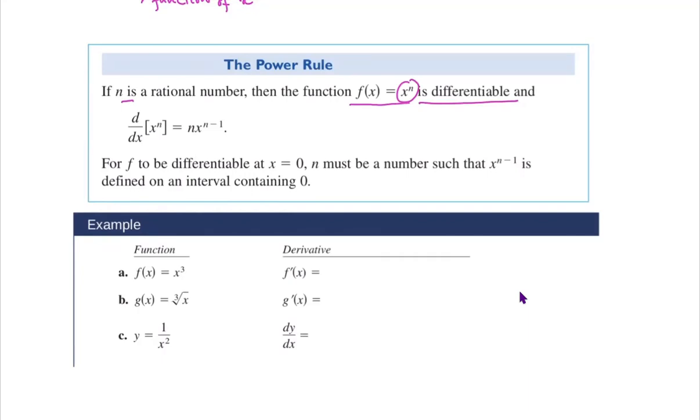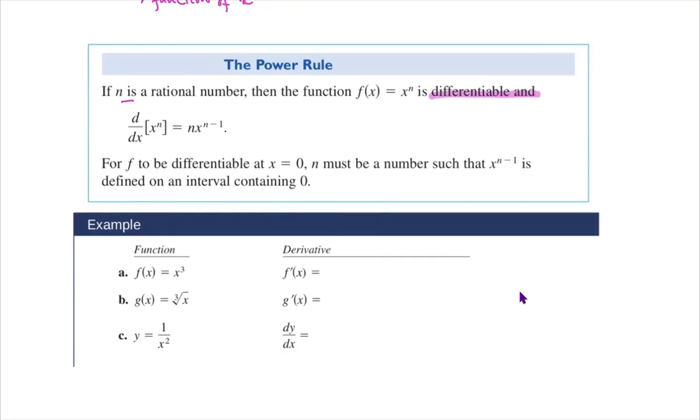When I say it's differentiable, that means the limit as delta x approaches 0 of f of x plus delta x minus f of x, divided by delta x, exists. So that's what it means when we say f of x is differentiable.